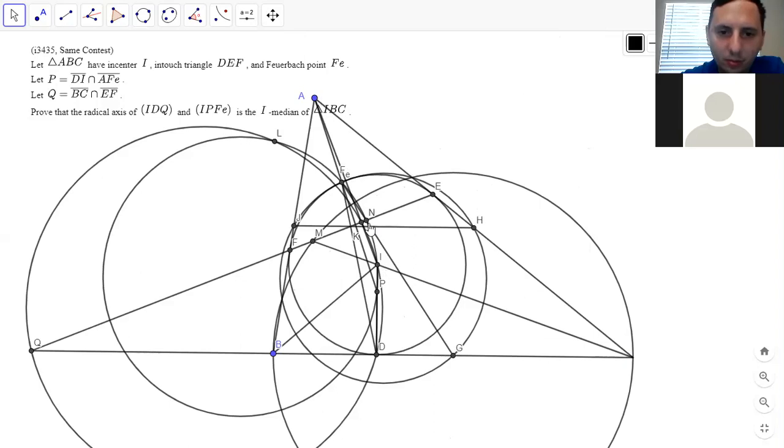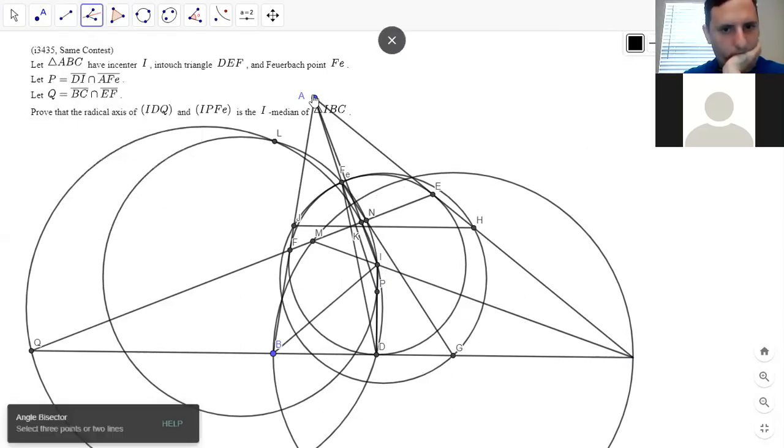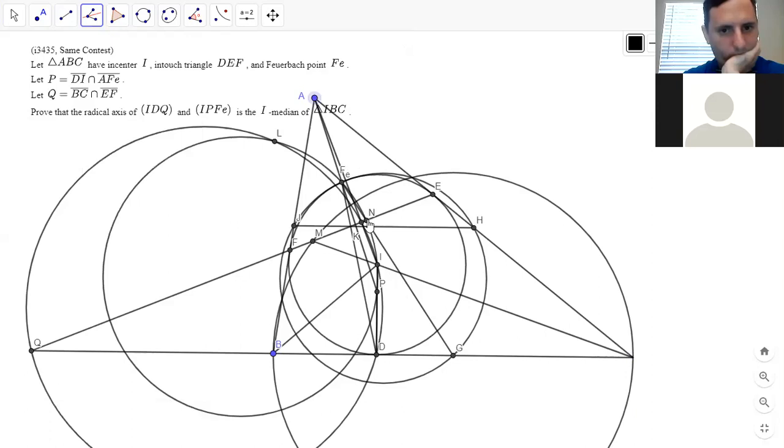So that was to say that EF bisects angle ANP, I think, right? Yeah, EF is in this case the external angle bisector of P and G, DNG.